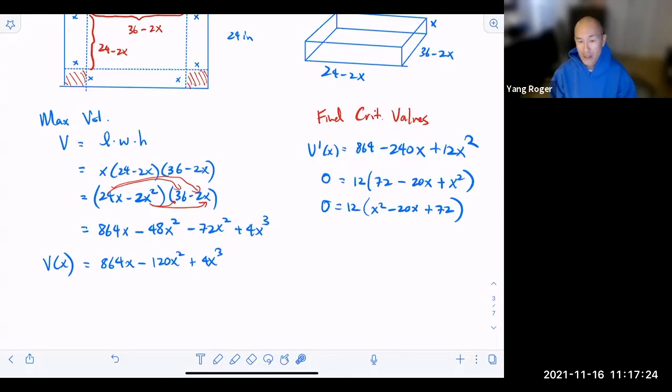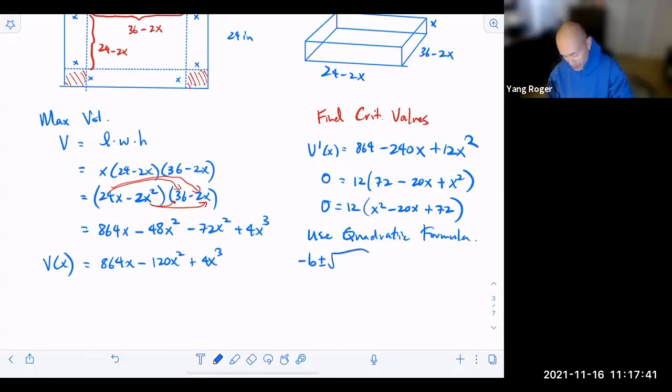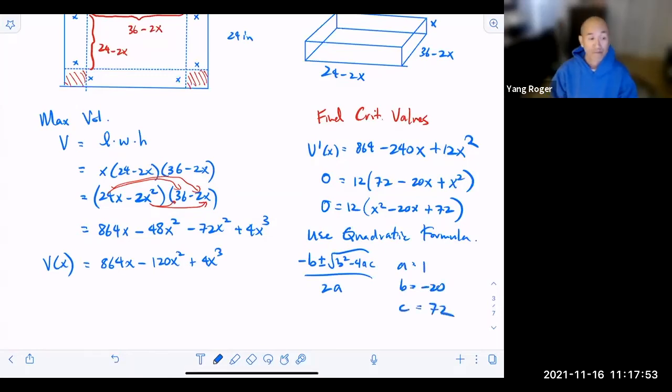Okay. So we have to use the quadratic formula: negative b plus or minus the square root of b squared minus 4ac, all over 2a. Your a is equal to 1, your b is equal to negative 20, and your c is equal to 72.